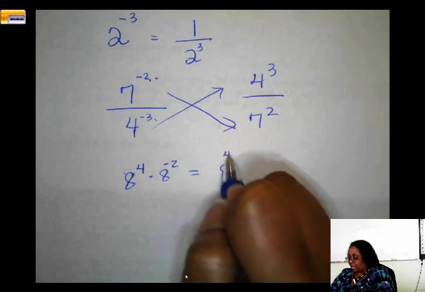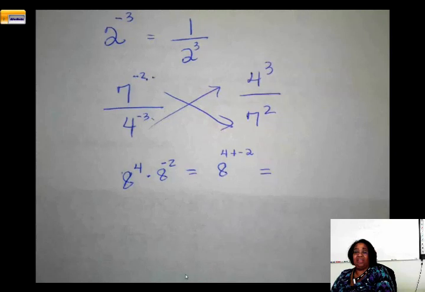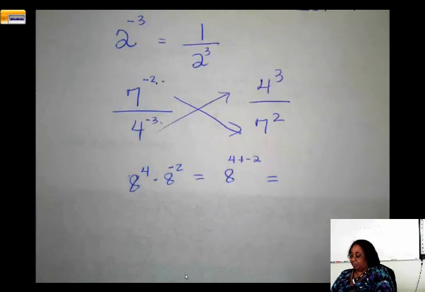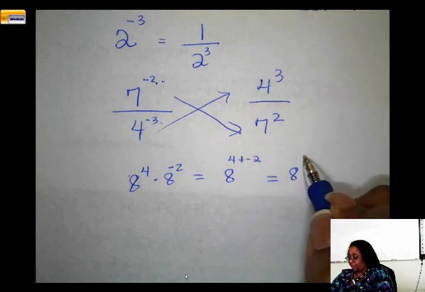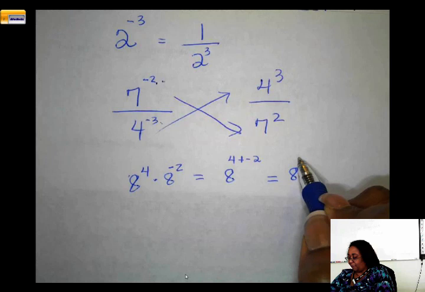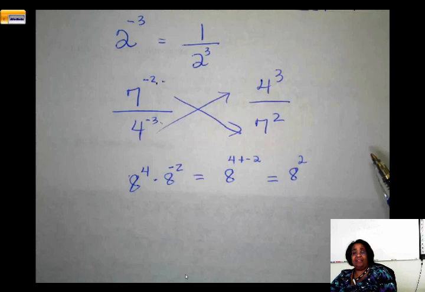So if I take 4 plus a negative 2, you guys know how to handle negative numbers. What does that become? 2. Yeah, because I have 4, and then I'm taking away 2. So I'm going to have 2, and it's going to be positive.